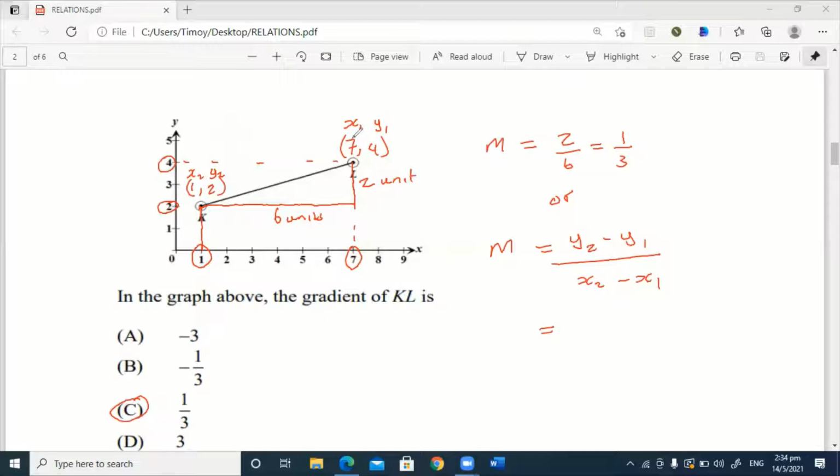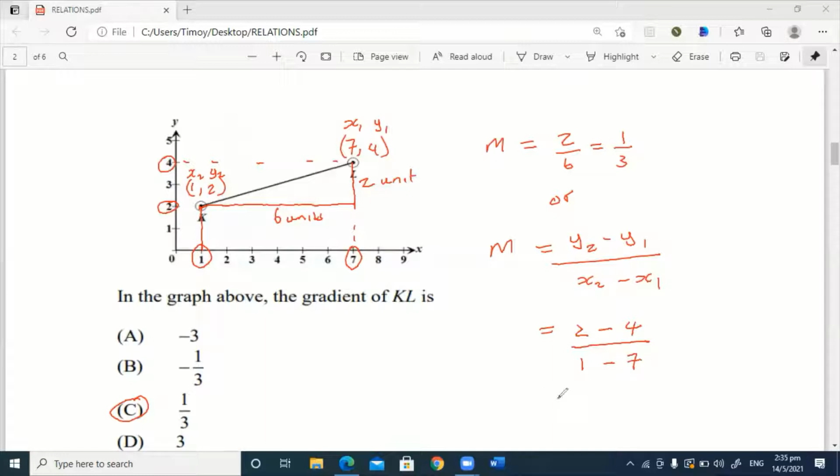So we can see that y2 here is just 2, so it's going to be 2 minus y1, which is 4, all over x2. x2 is going to be 1 minus x1, which is just going to be 7.